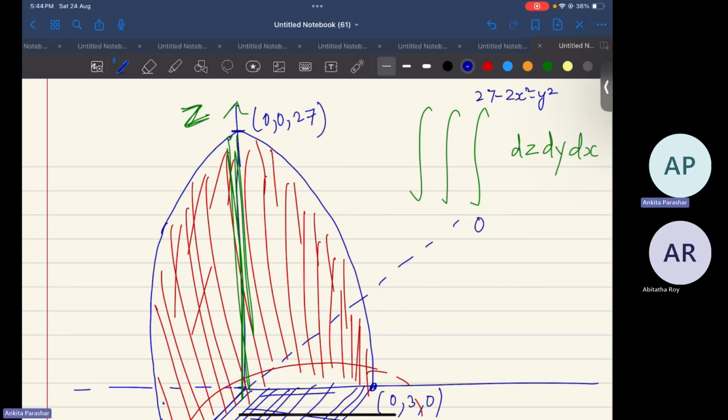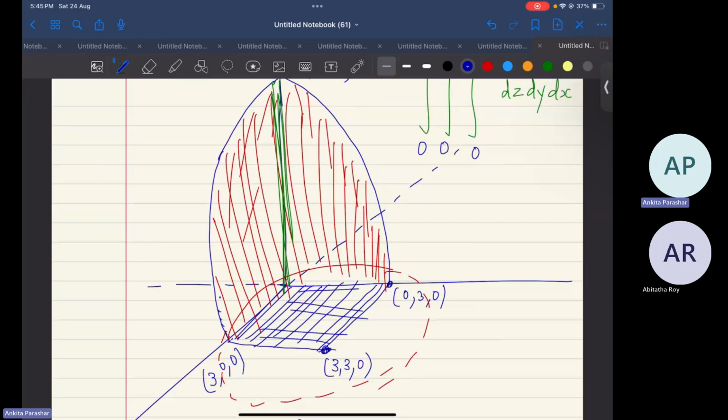Now can you tell me the limits for x and y? Remember, you have to go into the x and y plane in order to see the limits of x and y. It is 0 to 3 for both of them. Exactly. 0 to 3, 0 to 3. Very nice. If I just project my paraboloid, the base is an ellipse, which has more area.